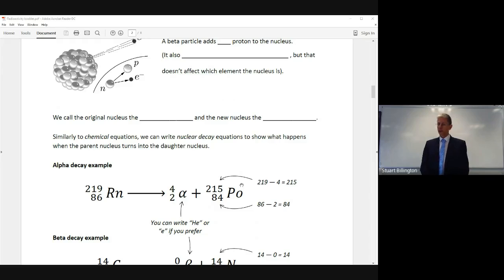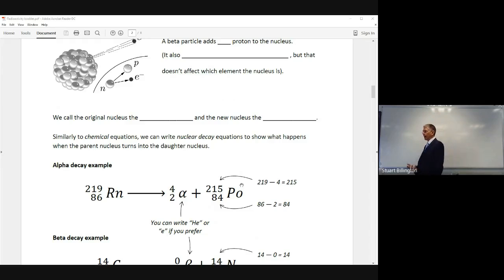so we've got a nuclear equation. So we've got the nucleus of an element called radon, Rn, and radon is the proud owner of 219 protons and neutrons in its nucleus. And of those 219, 86 of them are protons.